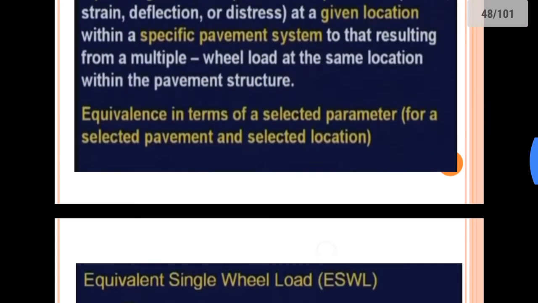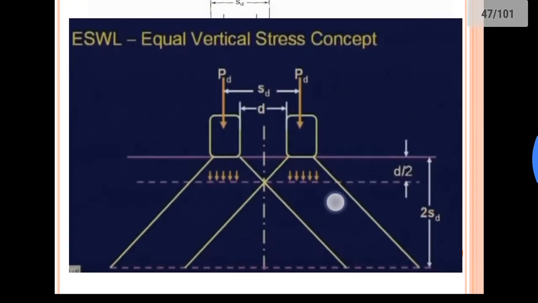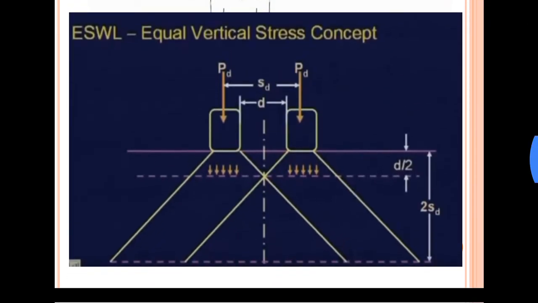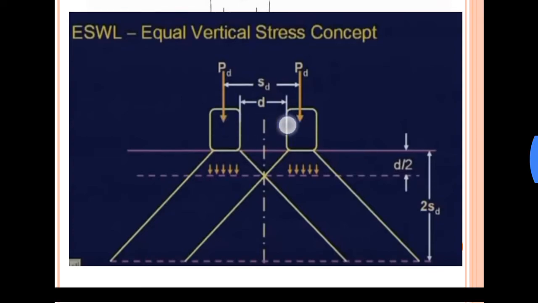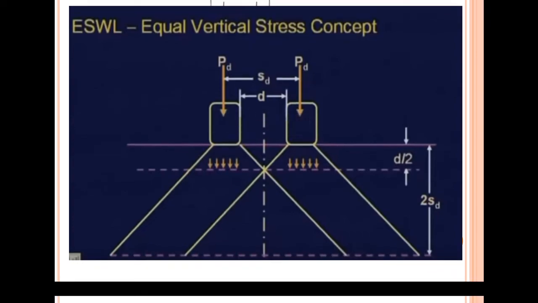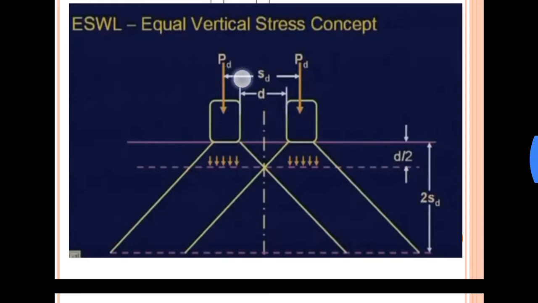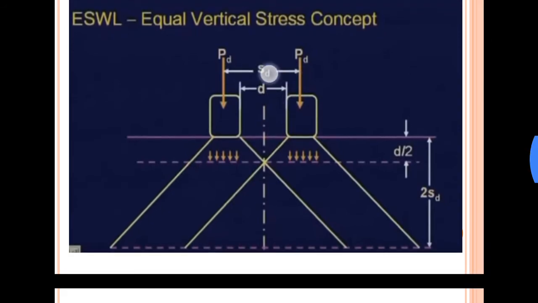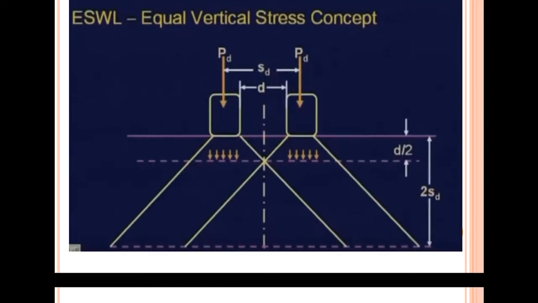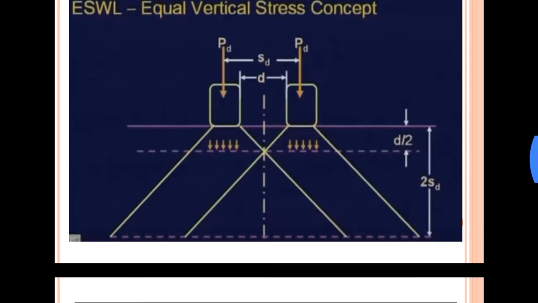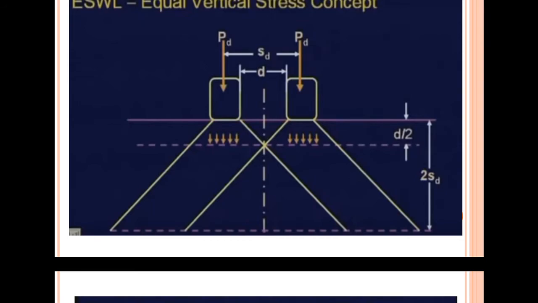Firstly, let us have a look at this figure now. There are two wheels here with a clear distance of small d and the center to center distance between the two wheels as s. The load being applied through wheel 1 and 2 are both PD.